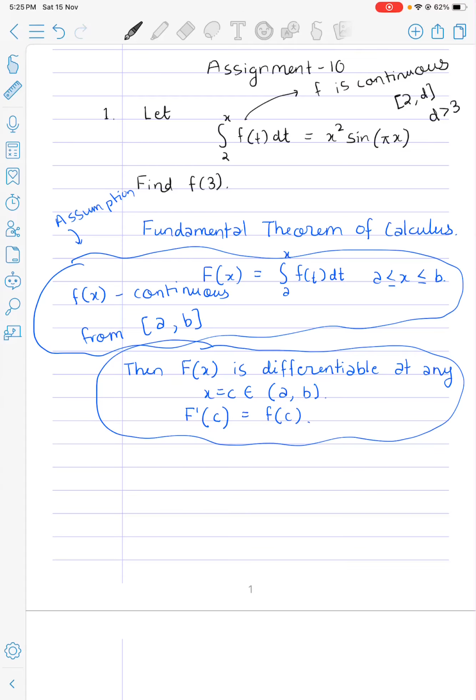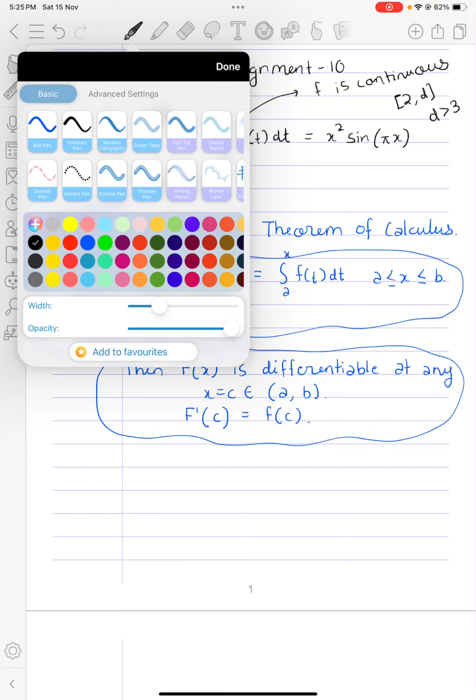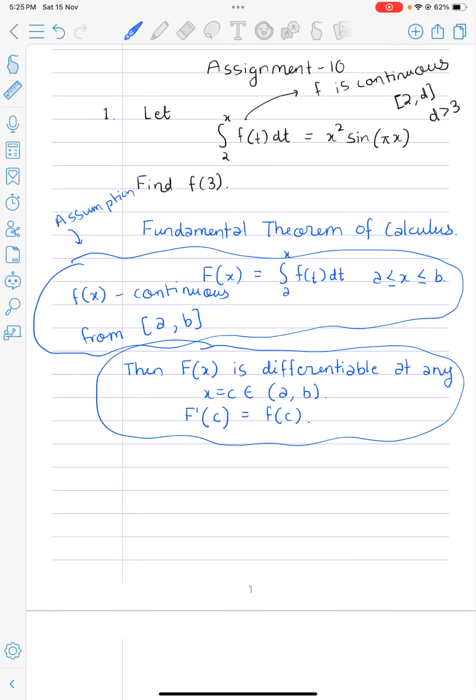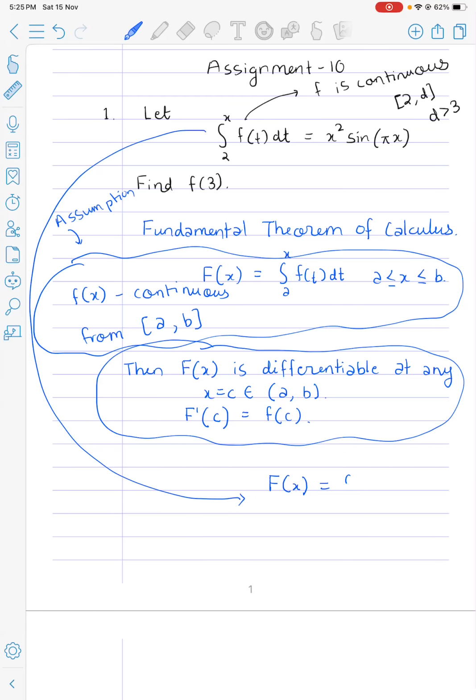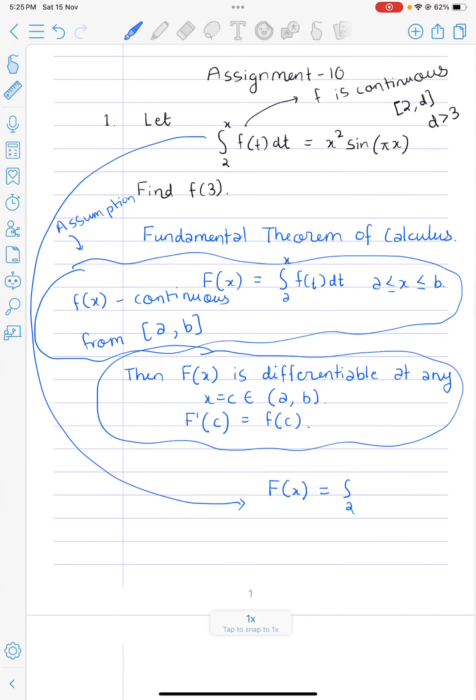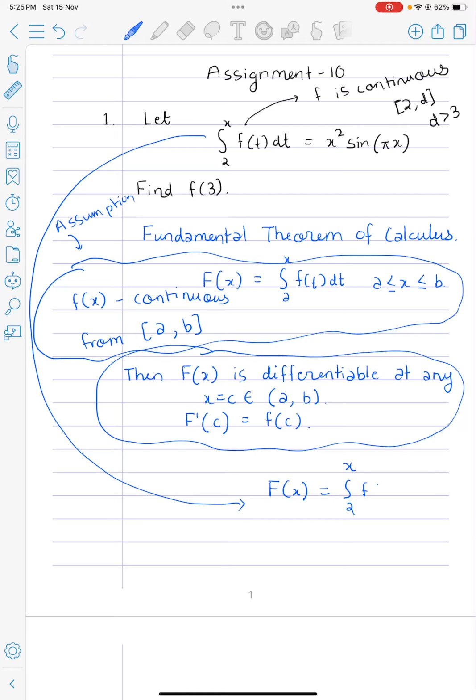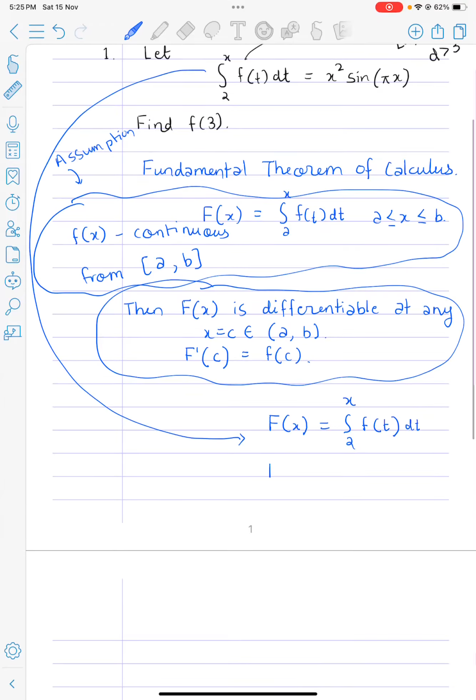And once you use the fundamental theorem of calculus, it says that if you differentiate, let's say F(x) you denote by the integral from 2 to x, F dash x will be f(x).